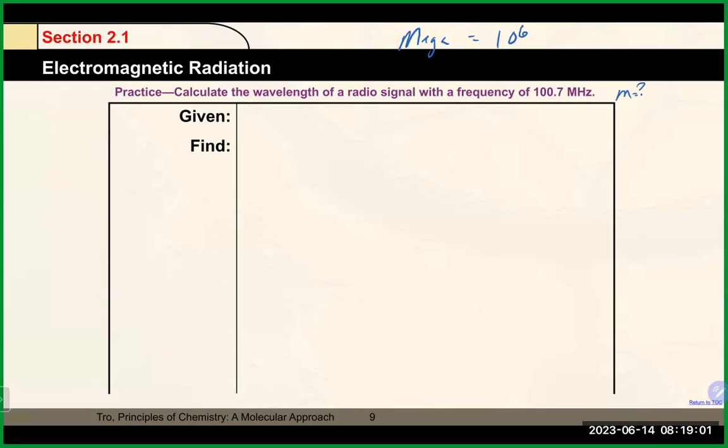So obviously we're going to use the same equation. We have our speed of light equal to our wavelength times our frequency. In this case, we're going to solve for the wavelength. The good news is it's the same rearrangement. Now, remember the speed of light is 3 times 10 to the 8 meters per second. And this is basically per second, but that's megahertz.